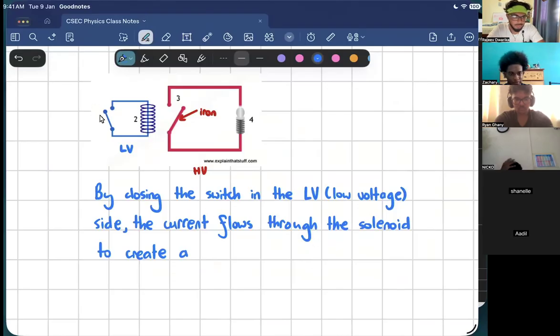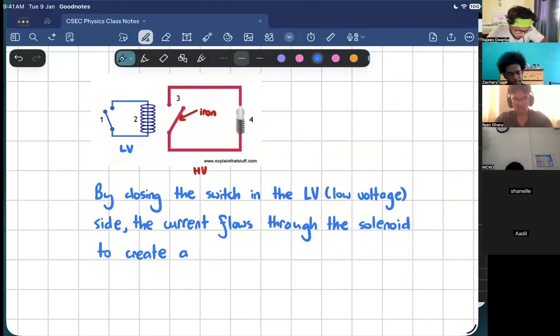Be more specific. When you create a magnet due to electricity, what kind of magnet do you call that? A temporary magnet. You're not wrong, but there's a specific name for the magnet. What do you call a magnet that's created with electricity?